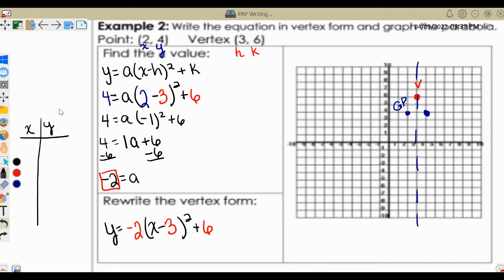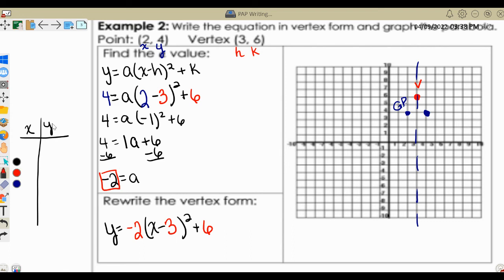If there's not a vertical stretch or compression, that pattern is that it goes over 1 unit and up 1 unit, over 1 unit and up 3 units, over 1 unit, up 5 units. When we have a vertical stretch or compression, that 1, 3, 5 pattern gets multiplied by that a value, okay?